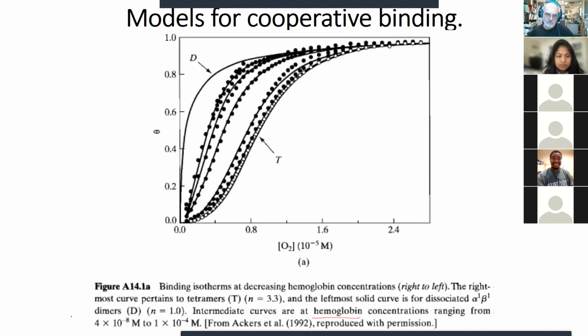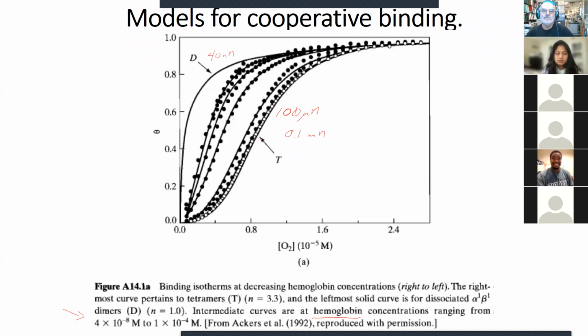We should actually do that the next time. We'll try to figure out exactly what the hemoglobin concentration in cells is relative to this. This is a test tube experiment, right? So if you go from high concentration, this is 100 micromolar. It's 0.1 millimolar. And this is 40 nanomolar.